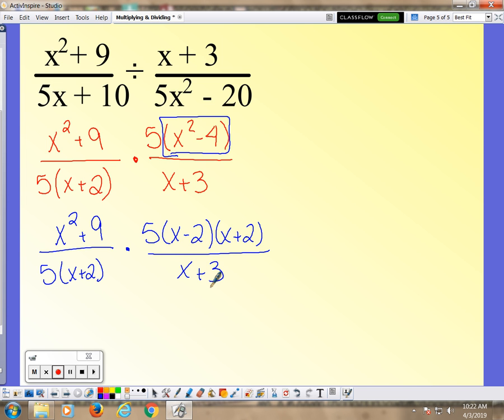Now we're going to check to see if we can cancel anything, and we notice that we can cancel the x plus 2's. We can cancel a 5, and we leave ourselves, unfortunately this is not a satisfying problem, it's just kind of ugly. We end up with x squared plus 9 times x minus 2 all over x plus 3. Some of your homework tonight, that's what you get.